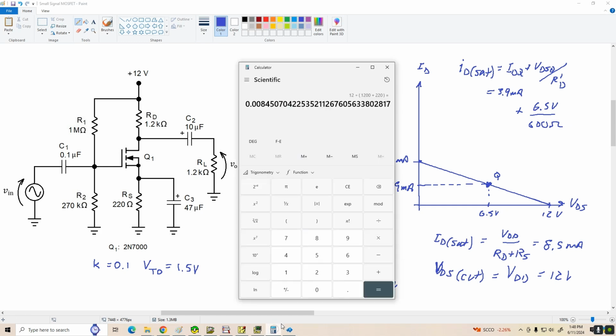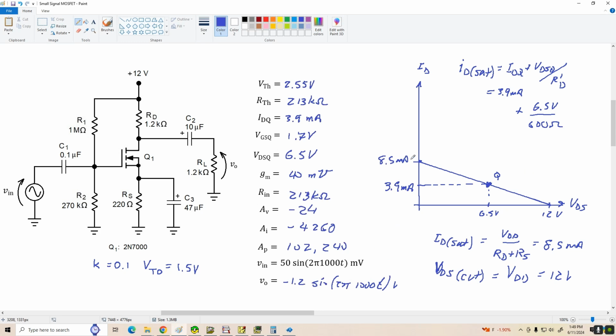And let's see what we've got here. So 6.5 divided by 600 is about 10.8 milliamps plus 0.0039, which is about 14.7. Let's just call it 15 milliamps, okay? So I'd say that's about here, 15 milliamps. Remember, this is just a rough estimate.